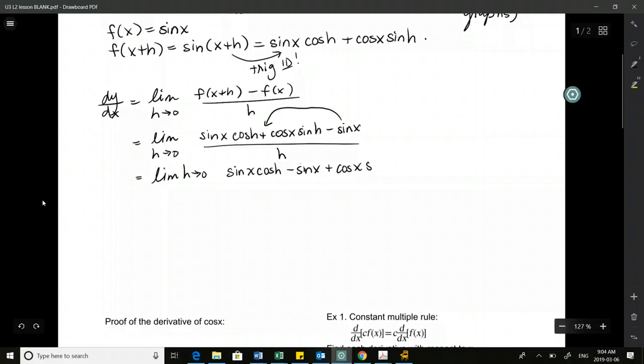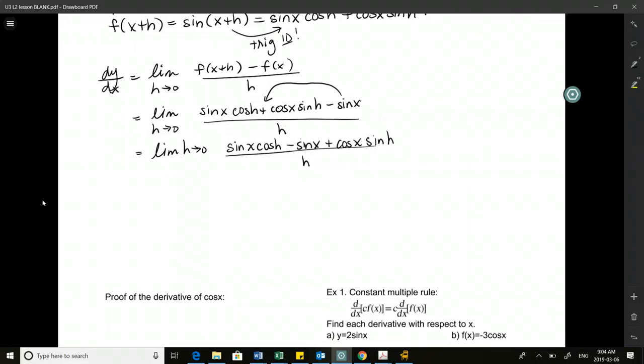And I have a common sine x in both of these two terms, whereas the last term that I'm putting on this new line does not have a sine x in there, so I'm not going to be able to common factor that piece out at all. Just rearranging. It's like 7 plus 4 plus 1 or 7 plus 1 plus 4, right? Same thing.